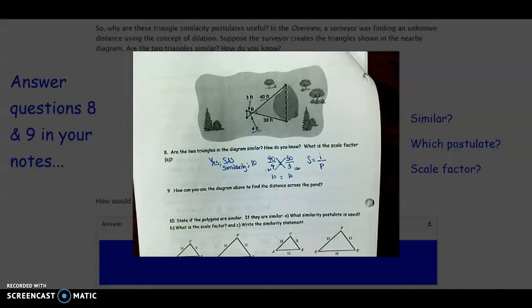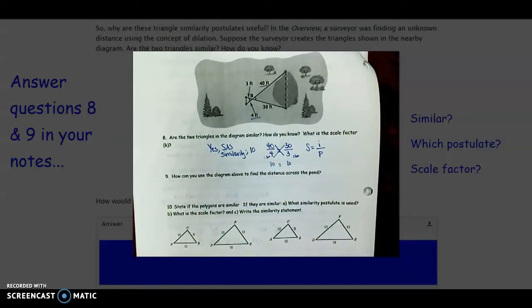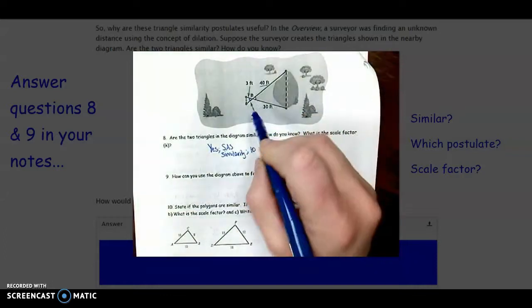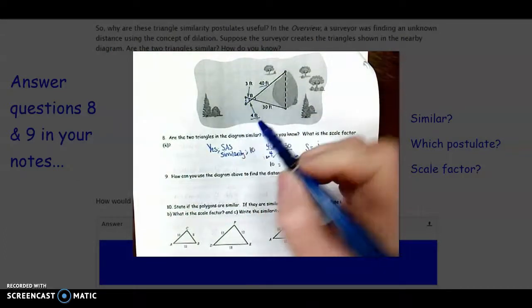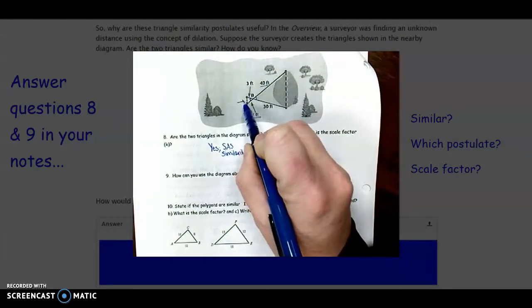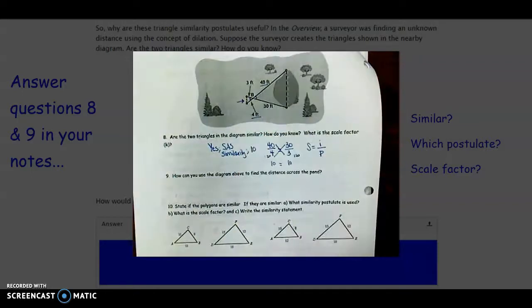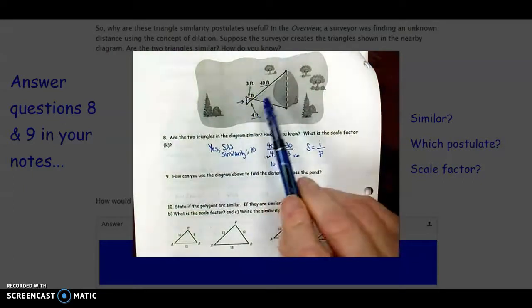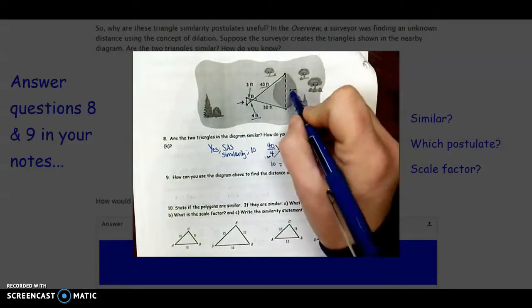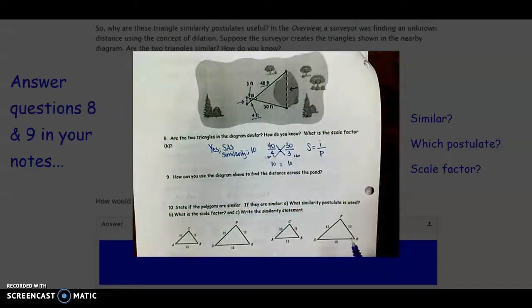So question 9 in our notes says, how can we use the diagram above to find the distance across the pond? So that means, remember, this whole triangle is on the ground. If we can measure this side right here, the third side of the triangle, then we would use our scale factor to find out the new distance, which is the distance across the pond.